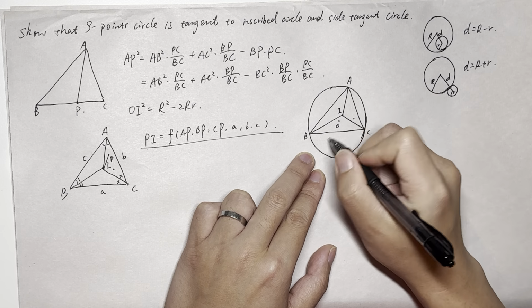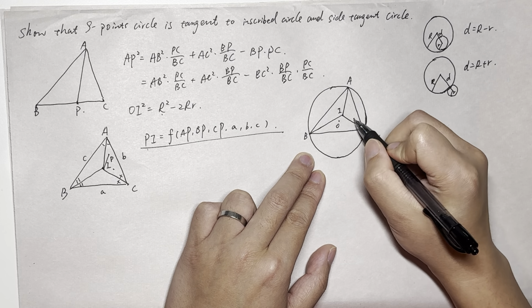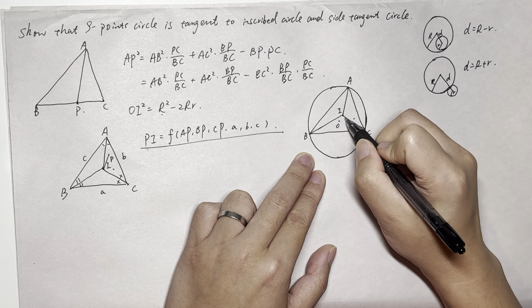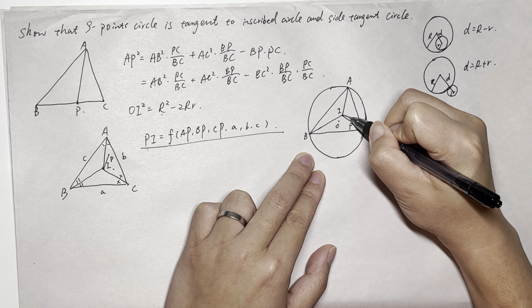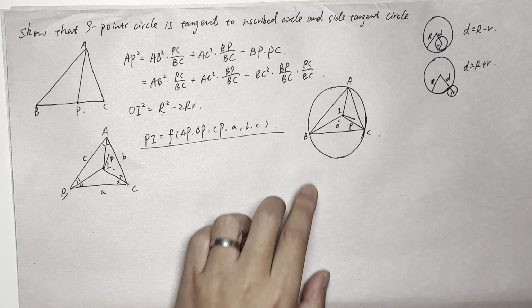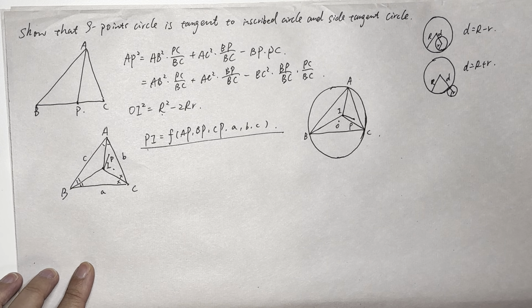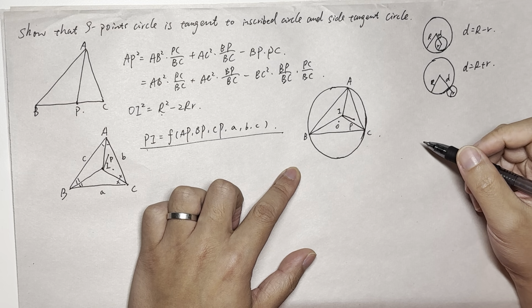P is here. We know AP, we know BP, we know CP, and we want to find PI, right?